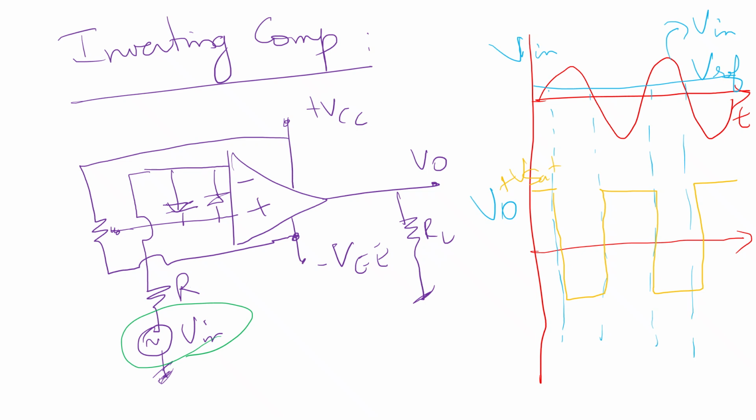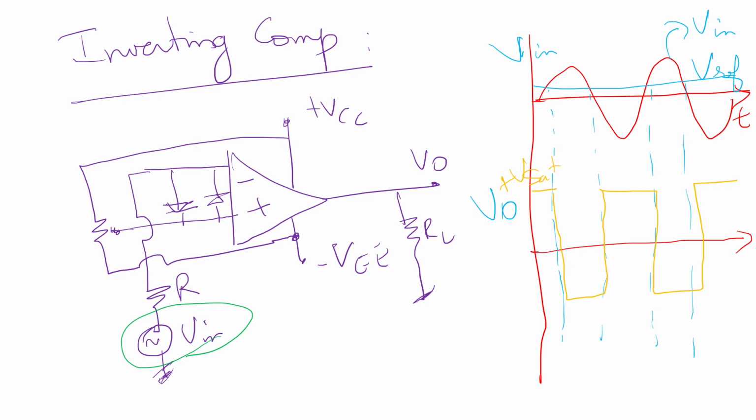Here the reference voltage is positive, the input voltage is given here, but the input signal is fed to the inverting terminal of the op amp. So the general rule is, if the input voltage is lesser than the reference voltage, then the output will be at minus Vsat. But here, since the input signal is fed to the inverting terminal, the output swings from plus Vsat to minus Vsat.